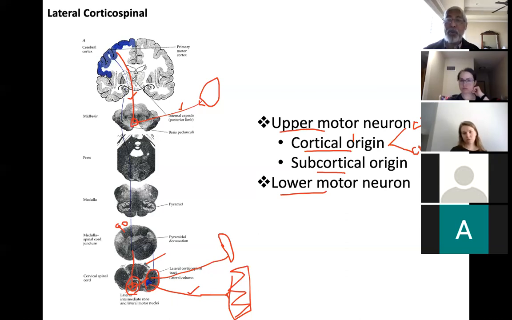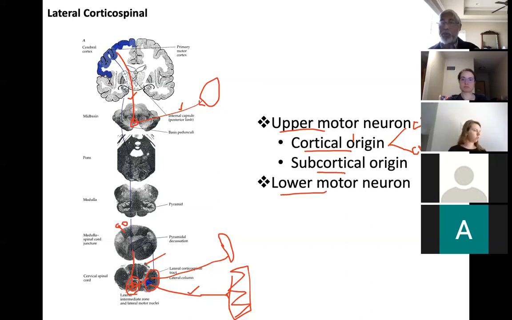So corticonuclear, does it qualify as a lower motor neuron? No, because by the name you know it, corticonuclear, beginning at the cortex and ending in the cranial nerve nuclei. So it's not going to the muscle, so it doesn't qualify as a lower motor neuron. So it will be an upper motor neuron, right?